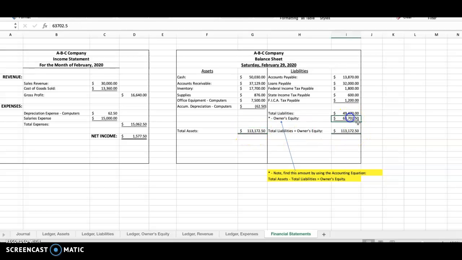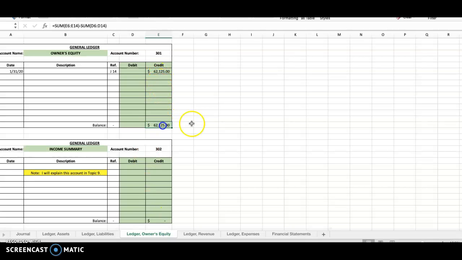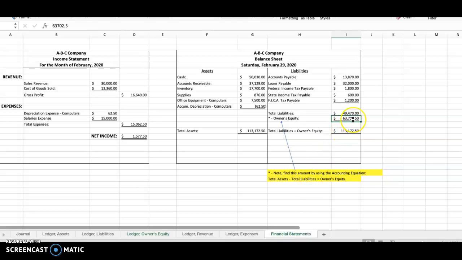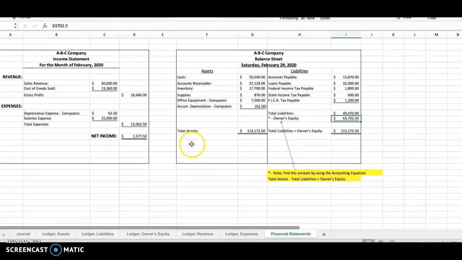Now I mentioned this because everything else on these 2 statements should be correct, except if you look at owner's equity, this balance is $62,125. It's not what we just figured on our balance sheet. And that's the glitch that we have to account for, and that's what we'll be doing in topic number 9. So review this if you need to, and answer some questions back on your course page.